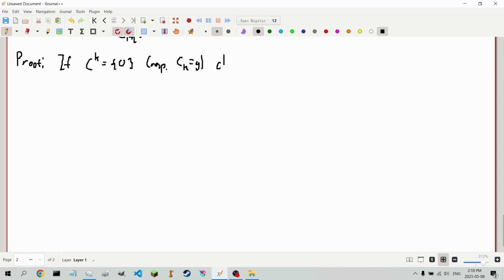Then clearly C^1 of G through to C^k of G satisfies the definition of A, that is, it is a series of decreasing finite ideals such that the bracket of G and G_i is inside G_(i+1).